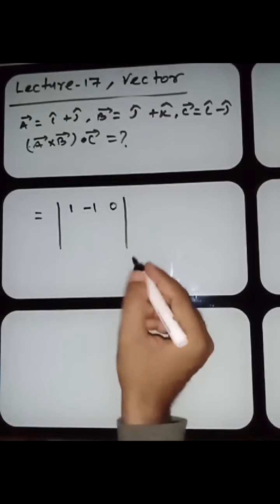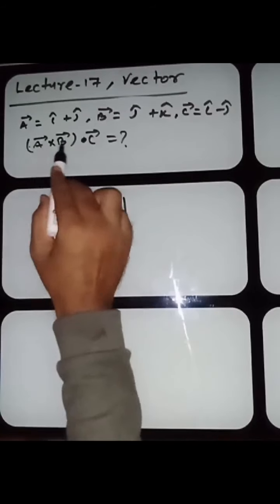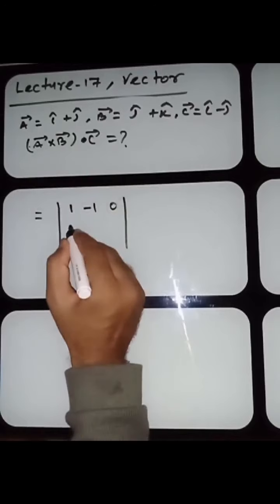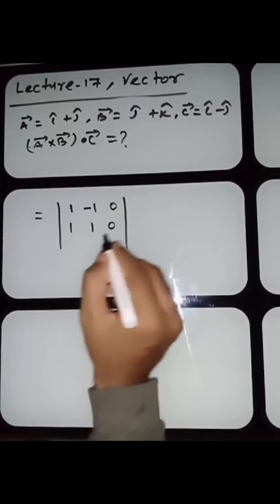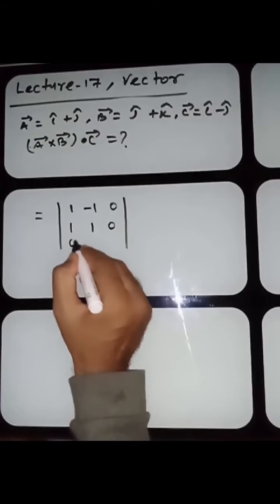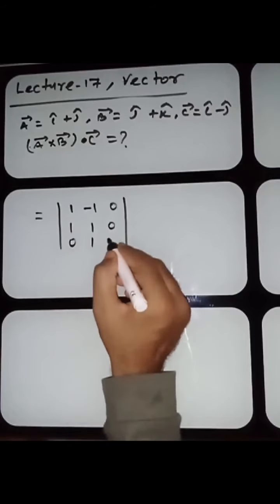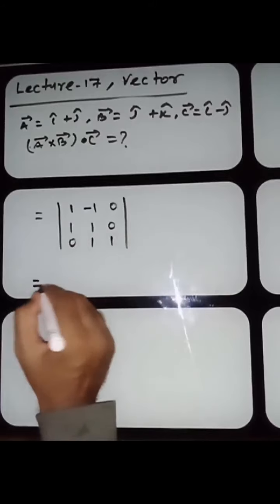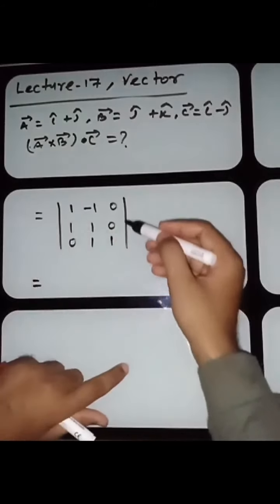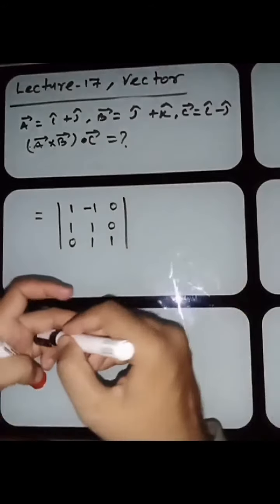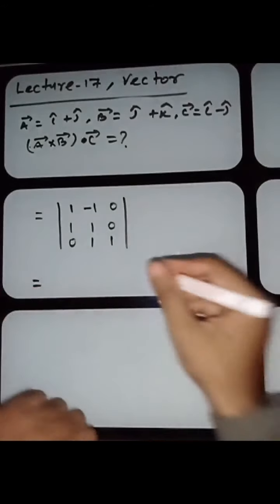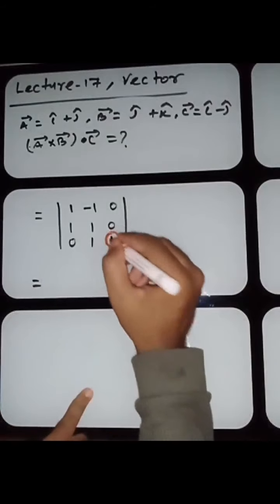Now put the coefficients of A and B. So A, i is 1, j is 1, and k is 0, and B, i is 0, j is 1, and k is also 1. Now solve this one. You can see, my dear students, the 2 zeros are in this member, so you can solve this determinant using this one only. This is the simplest.